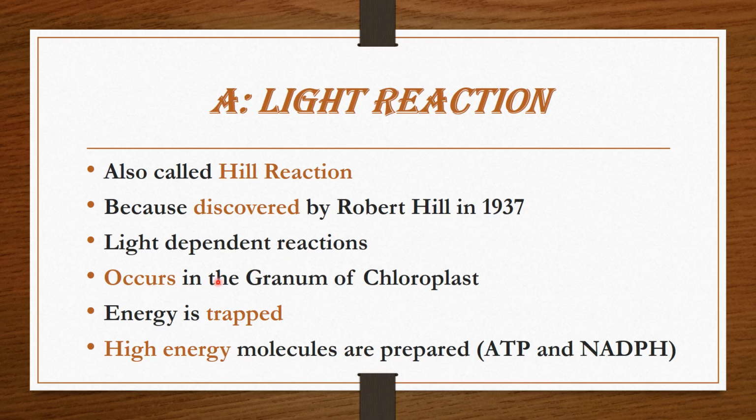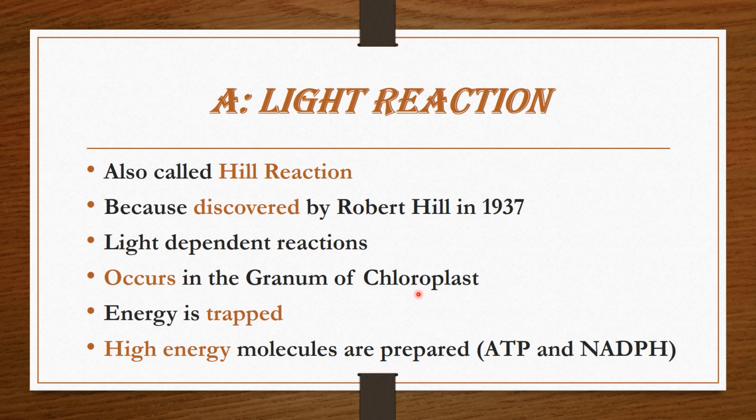It occurs in the granum of chloroplast. What is granum? Granum is the singular of grana, and grana is a sac of thylakoids. We discussed thylakoids in the previous class lectures.